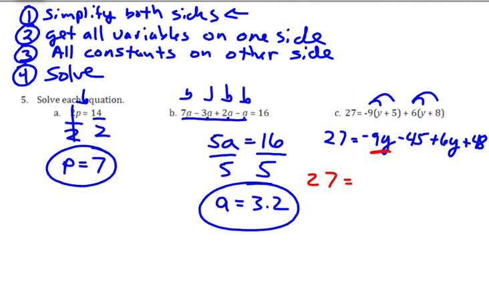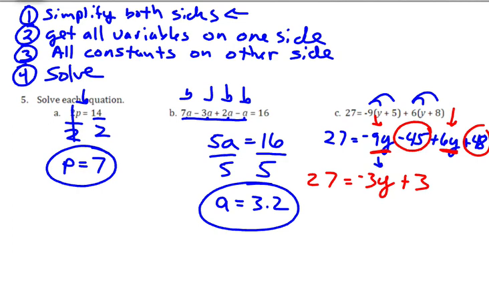I get a -9y and a +6y. That gives me a total of -3y. I have more negative than positive on that one side. Some people might subtract 6y from both sides here or add 9y, but when you have two y terms on the same side, you combine them to get 1 first of all. -5 and +48, that's going to give me a +3. And here's my variable term, and there's only one of them.